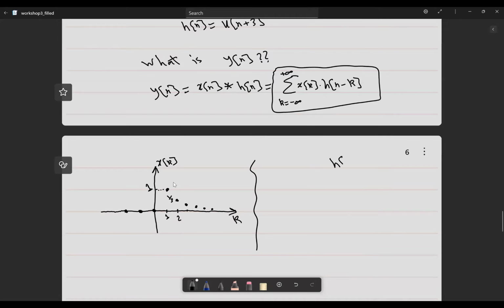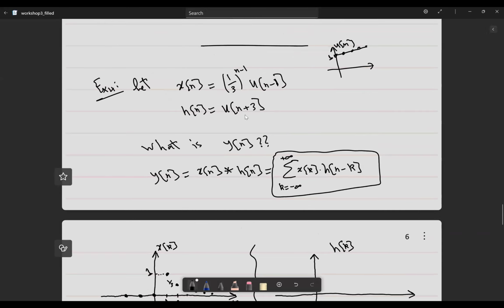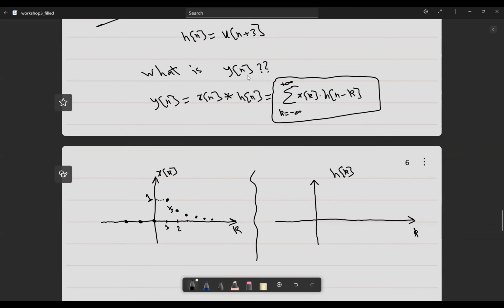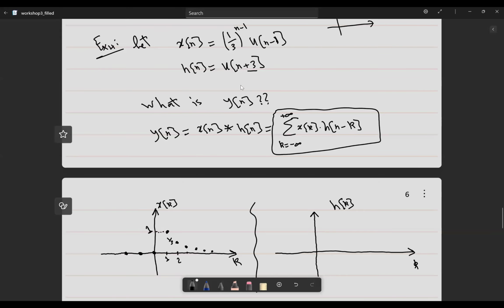We need to plot h[k] as well. h[k] is u[n+3]. So this time the unit step function is shifted to the left.